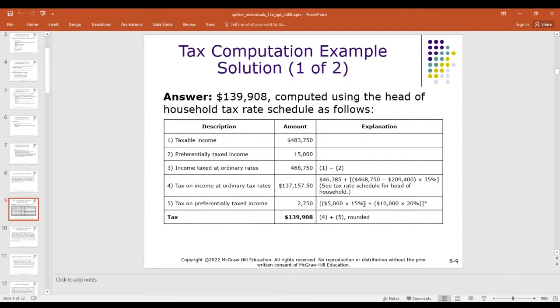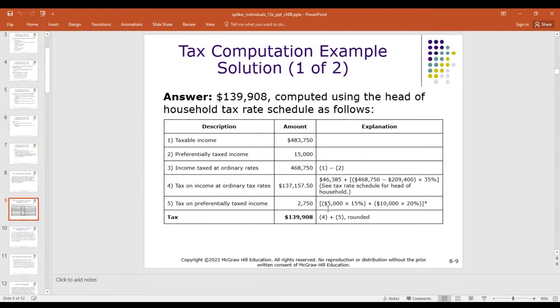The excess above, bringing her taxable income above $473,751, or $10,000, is taxed at the next rate of 20%. So her total income tax would be $139,908. So that's how we deal with preferentially taxed items.